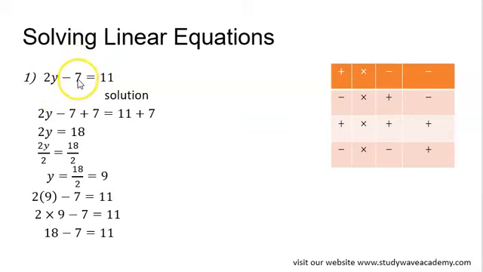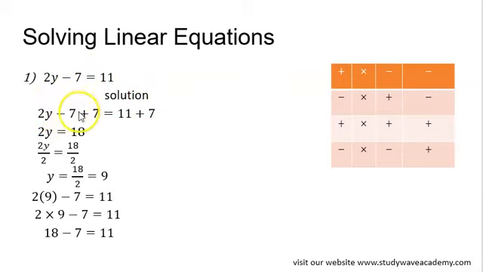We have minus 7 over here. We are going to add 7 to this side and the other side. When we have a minus 7 here, the next step is to do plus 7. We do the opposite of the sign in front. The sign here is minus 7, so we are going to say plus 7 on both sides.